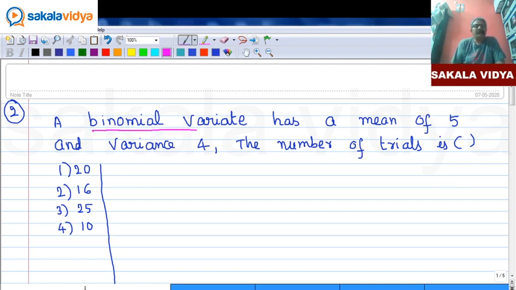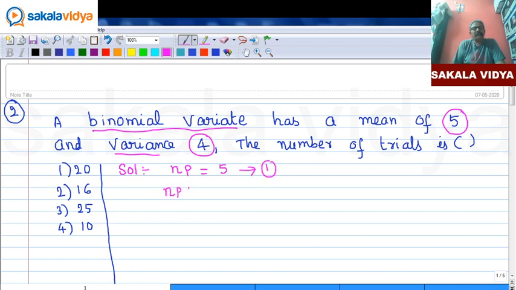A binomial variate has a mean of 5, variance is 4, that means this is np, this is npq. So, that means here np equals 5, mean, equation 1, variance npq is equal to 4, this is 2. Apply 2 divided by 1.